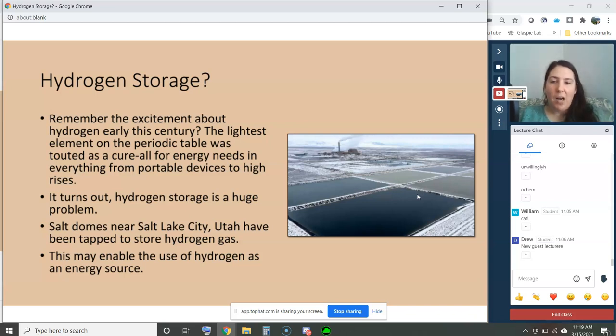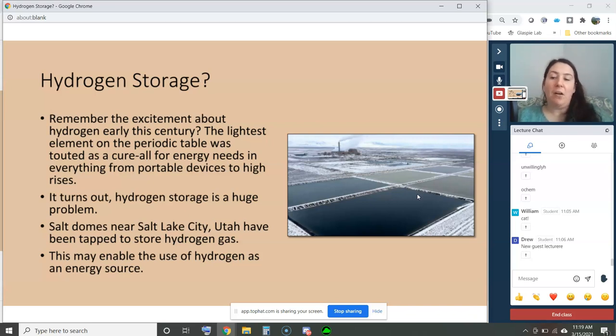Everything from portable devices to high-rises were going to be cured and fueled by hydrogen. But it turns out that hydrogen storage is a huge problem. So when you're going to be creating a large amount of hydrogen for use in energy, it's even harder to store than radioactive materials. Because it's flammable and takes up a lot of space because it's a gas.